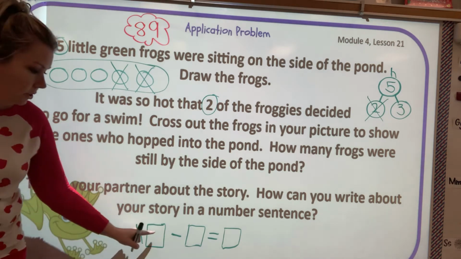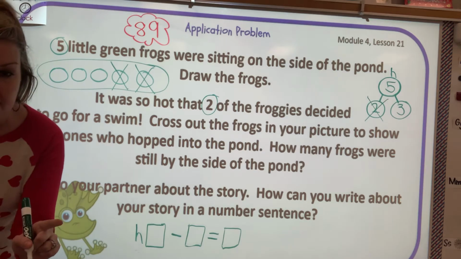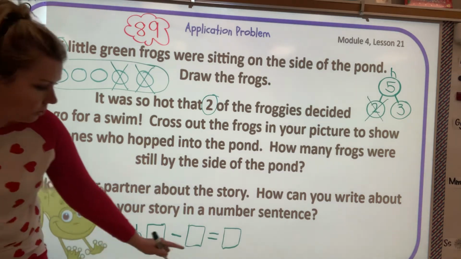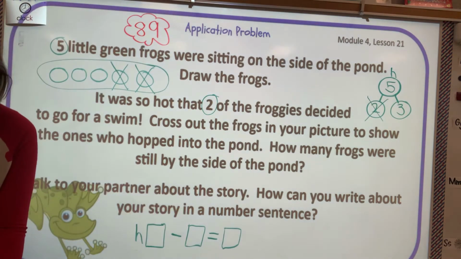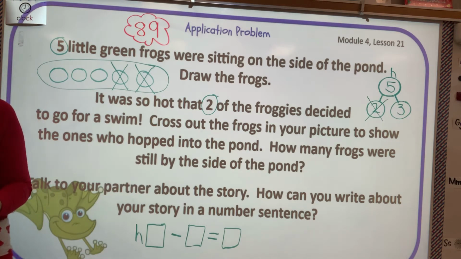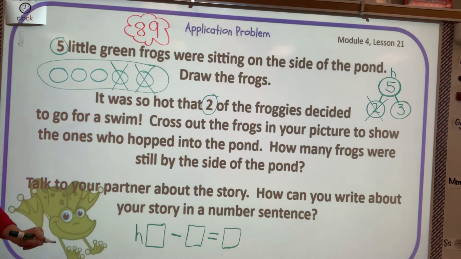Your whole goes first. This is different than when we were adding. Remember when we were adding? The whole went by the equal sign. That is totally different when you're taking away. When you take away, the whole goes first.